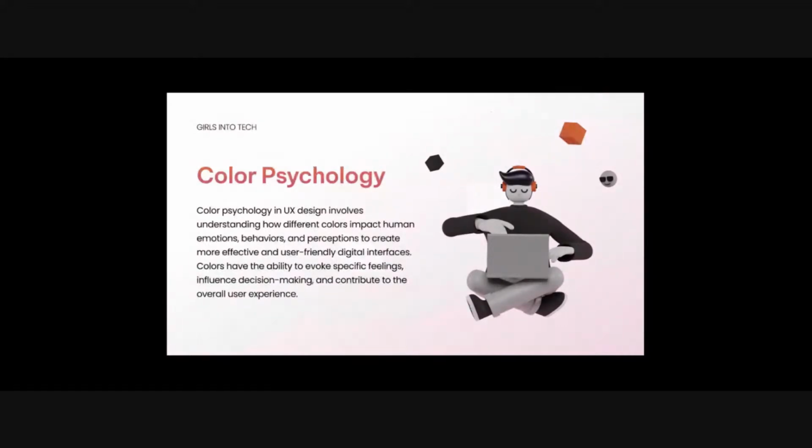So even in digital spaces, those colors also play an important role in telling users what to do and impacting users' emotions. Even speaking of brands, the type of color you choose for your brand also has an impact on the users, right?